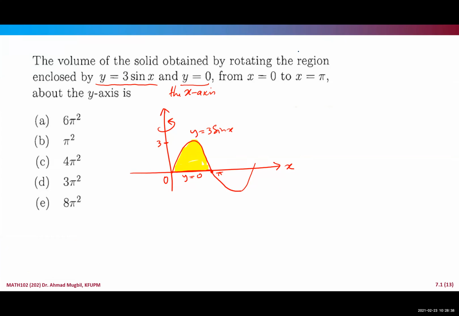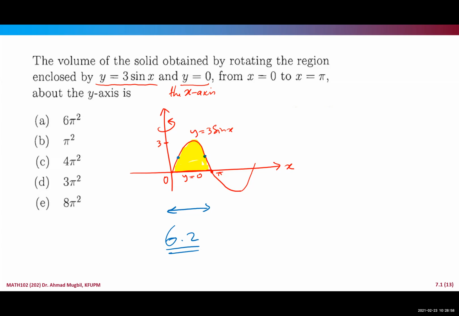Now, if you want to use 6.2 ideas, meaning cross sections, you will draw a line perpendicular to the axis of rotation like this here. But you don't know what the x on the right is, or what the x on the left is.